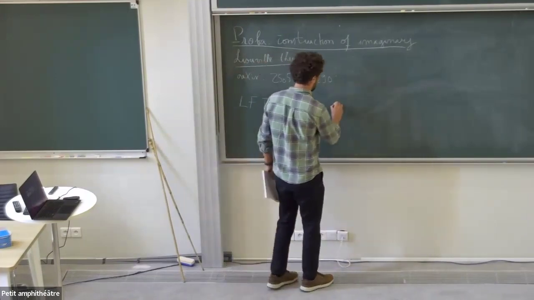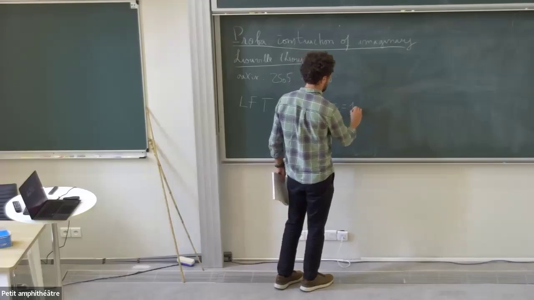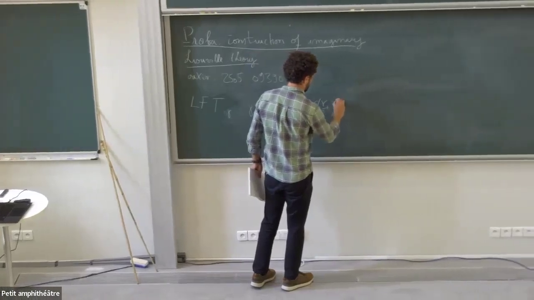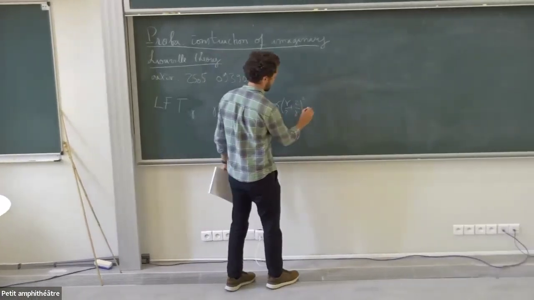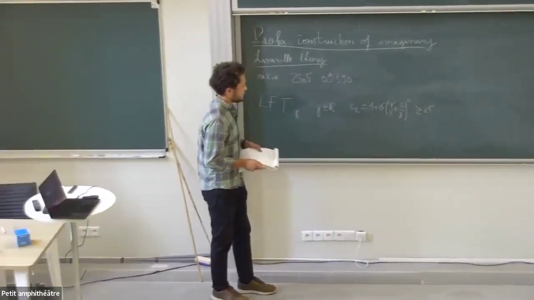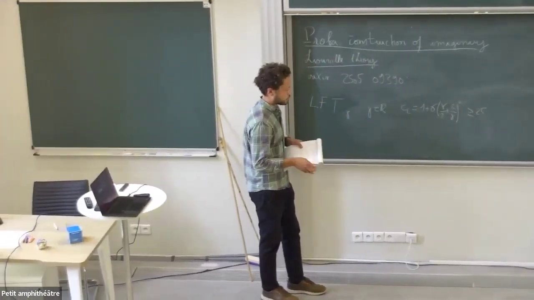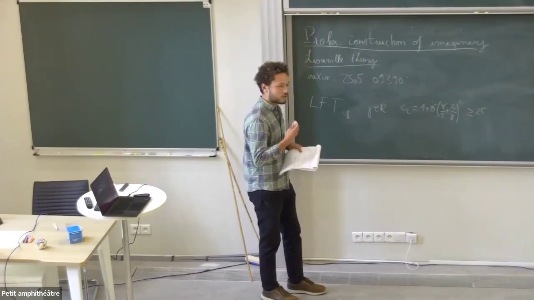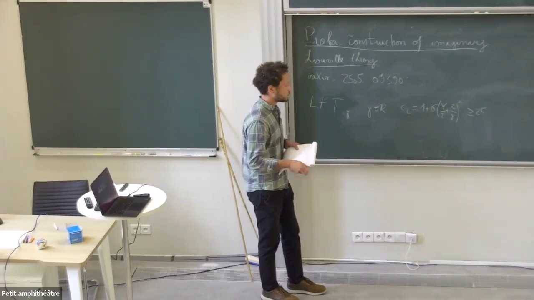And the central charge of the theory is related to gamma by a simple equation. You can check that this is greater than 25. It was introduced by Polyakov to study the fluctuation of the metric of Riemann surfaces.